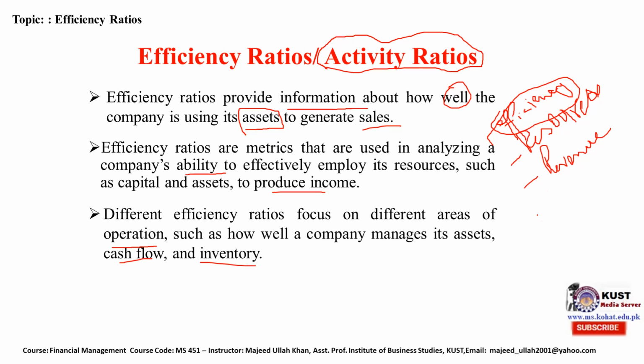But in efficiency ratios, we focus on current asset utilization, not long-term asset utilization. So the main focus is on utilizing our current resources, our current assets, to generate revenue.